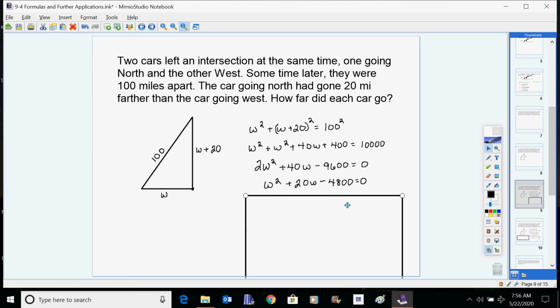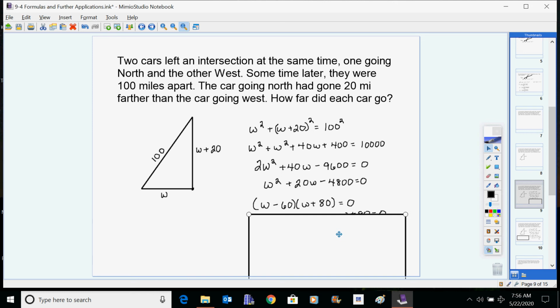You can either use quadratic formula at this point, or you can use factoring, if factoring will work. Here factoring does work. If I use 60 and 80, I get 4,800. And so when you have the 4,800 and I factor it, I get the 80 and the 60 that work in there.